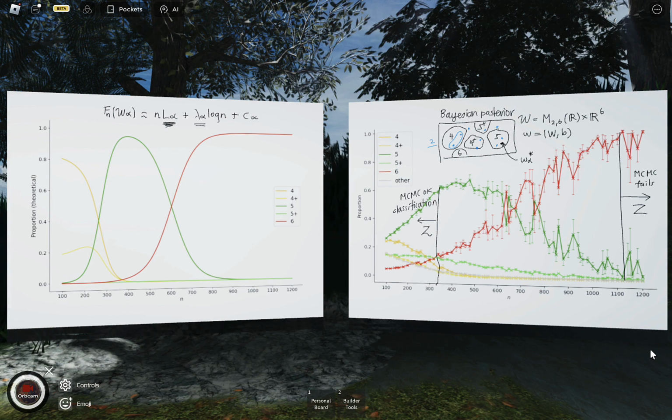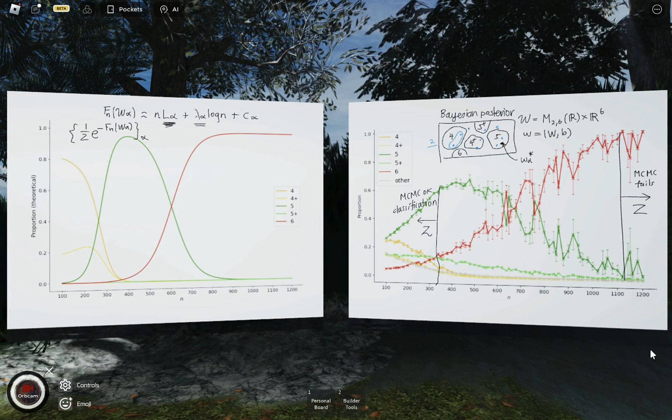That gives us a theoretical free energy, and then if you plot those free energies for those alphas as a function of n, you get this distribution, and you see it visualized in this plot. For the 4 and 4 plus, what we use are estimated values of the local learning coefficient, not theoretical values.